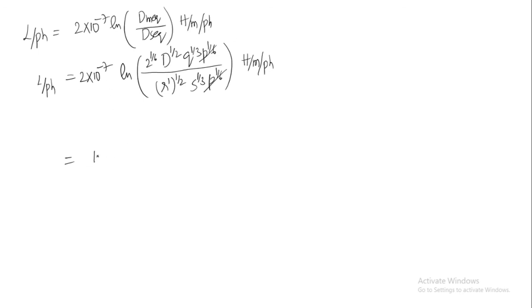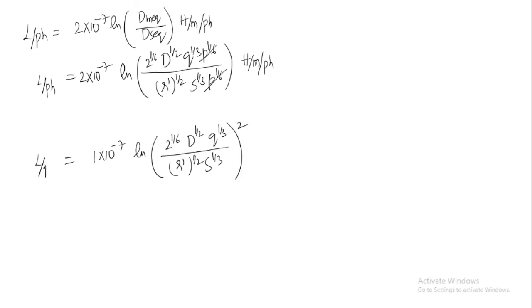Now it will become 1 into 10 power minus 7 into ln of 2 power 1 by 6, d power 1 by 2, q power 1 by 3 divided with r dash power 1 by 2, s power 1 by 3, whole power 2, because it is multiplied with 2. When you send it inside the natural logarithm, it will become power 2.